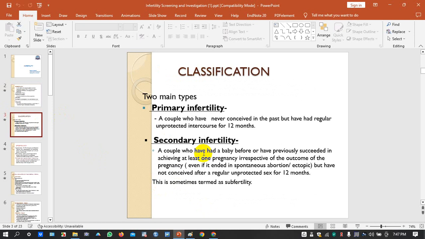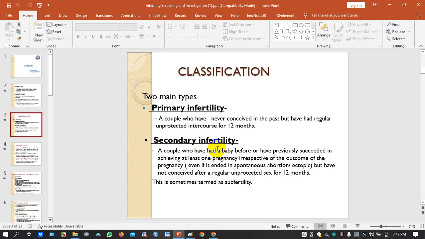So there are two types of infertility. There is the primary infertility and the secondary infertility. For primary infertility, it is defined as a couple who have never conceived in the past but have had regular unprotected intercourse for 12 months. So it's just defining infertility.